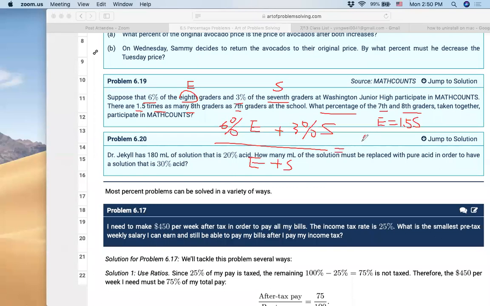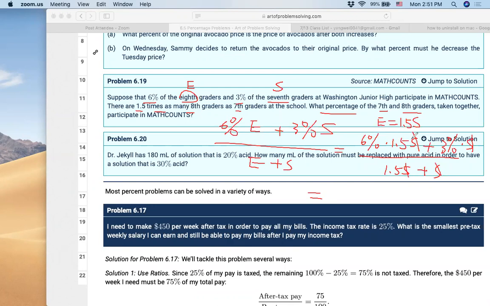We get 6% times 1.5S, plus 3% times S, over 1.5S plus S. Because we have S everywhere, we can just cancel out the S.